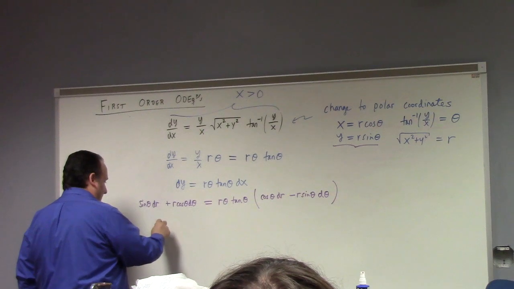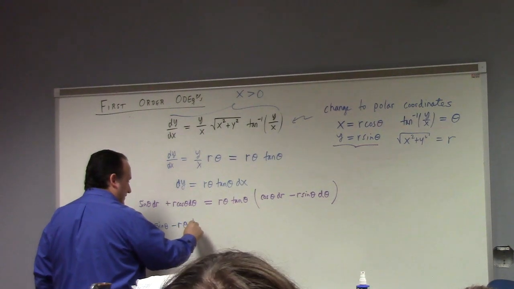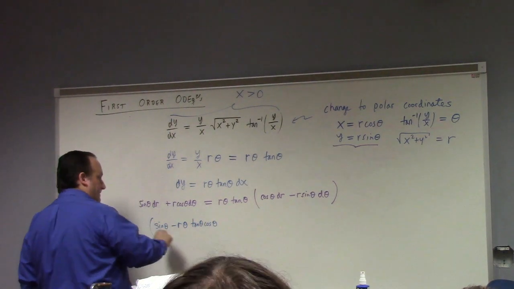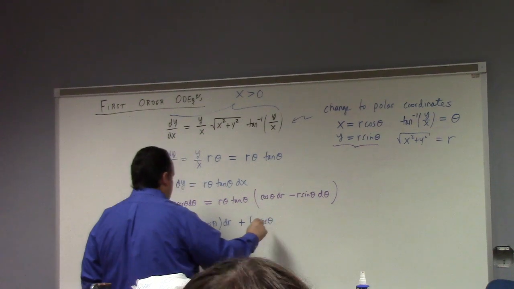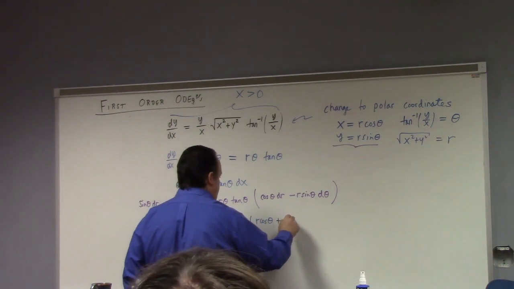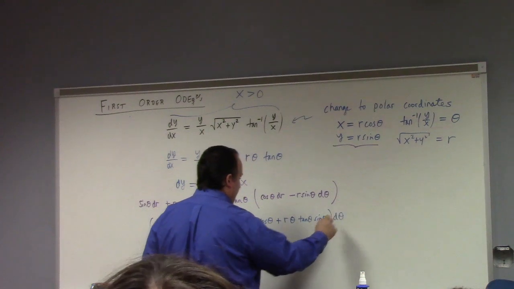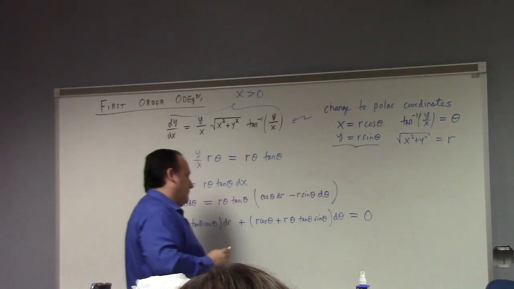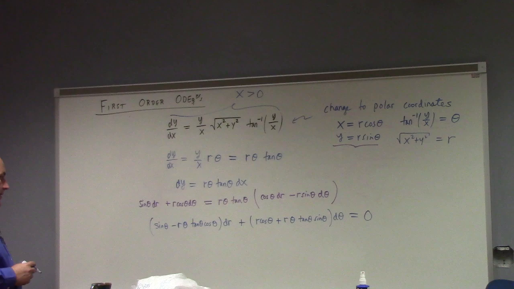So let's group stuff. What we've got is sine theta minus r theta tangent theta cosine theta dr, plus r cos theta plus r theta tangent theta sine theta d theta equal to 0. Well, some of these things simplify a bit, right?